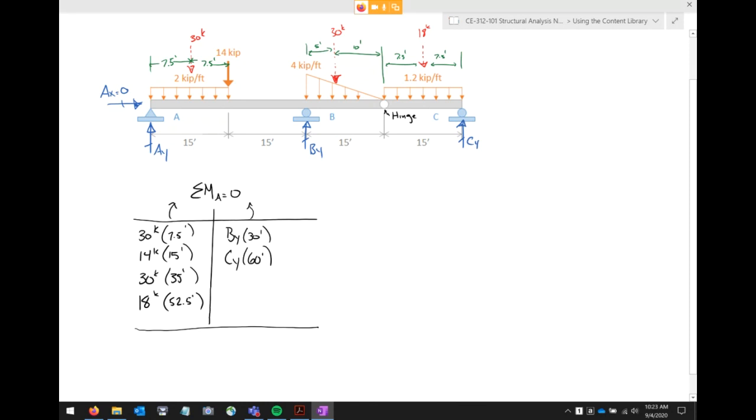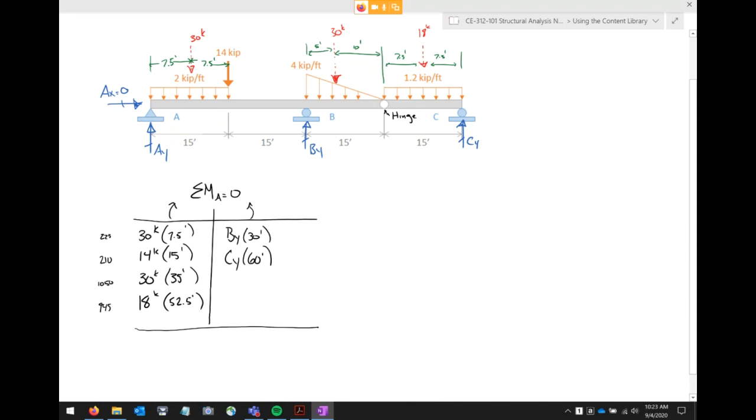Because what happens is, let's do the math on the left. So I've got 30 times 7.5, that's 225. 14 times 15, that's 210. 30 times 35, that's 1050. And then I got 18 times 52.5, that's 945.